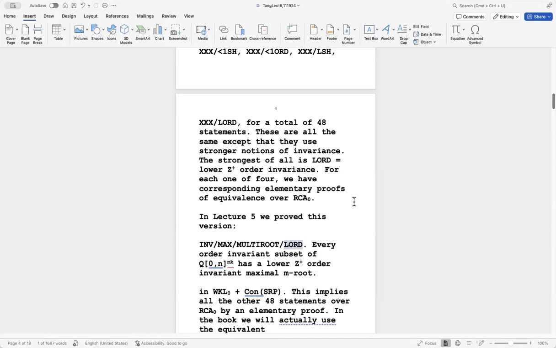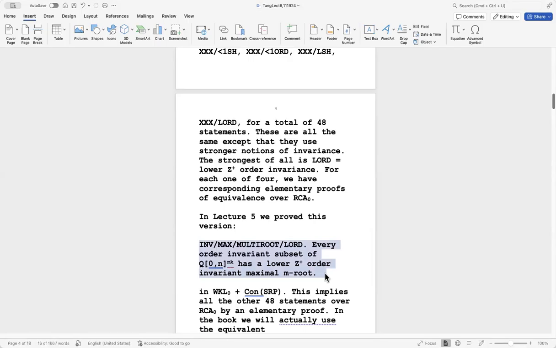Now, we will have that all 48 statements are provably equivalent in WKL naught at least. We will have that by passing through our reversal because the strongest of all 48, this is the strongest of all 48. And that's actually quite easy to see.